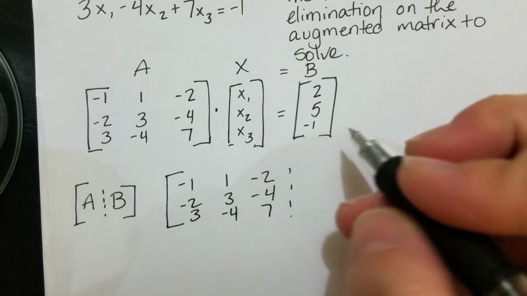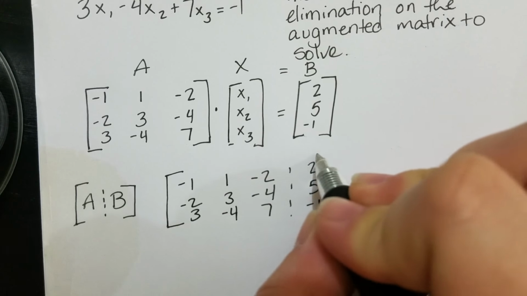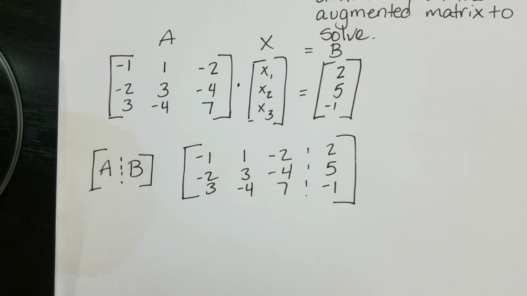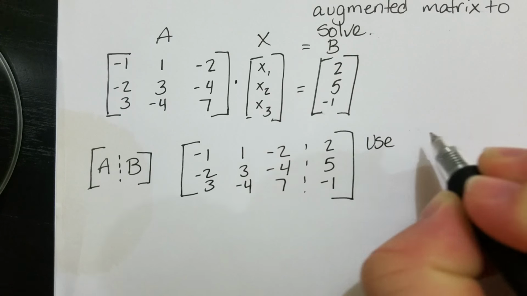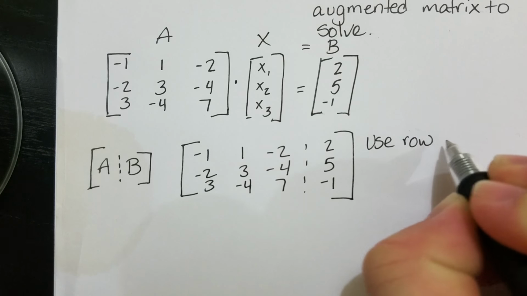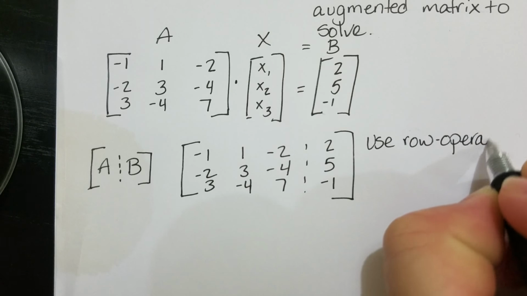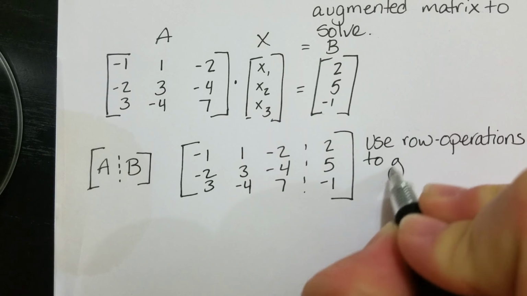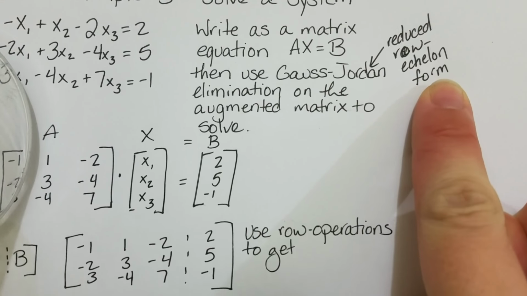Here's what it equals: 2, 5, and -1. Then what you need to do is use row operations to get reduced row echelon form.